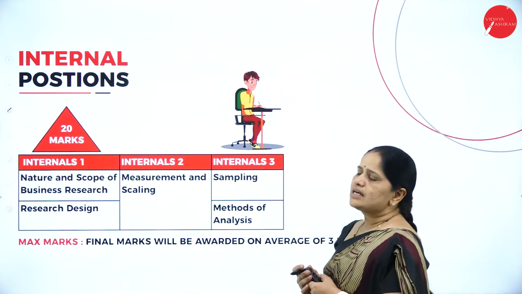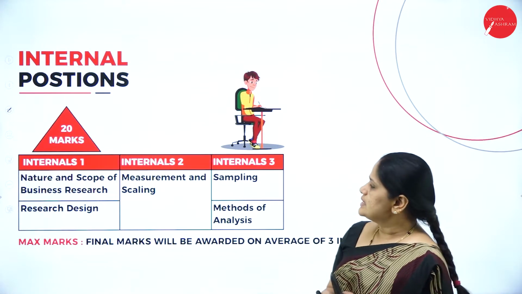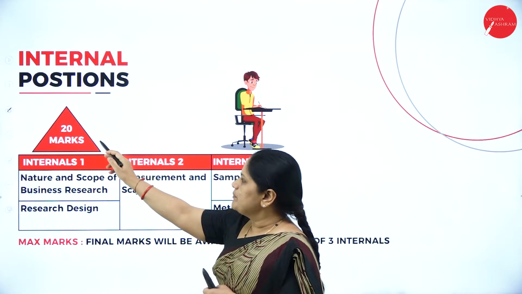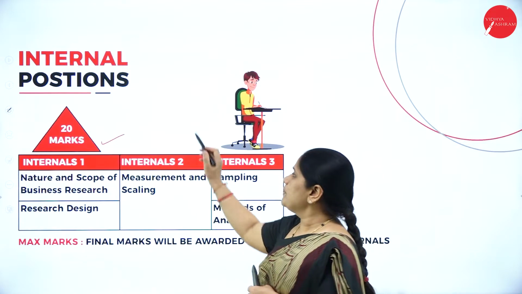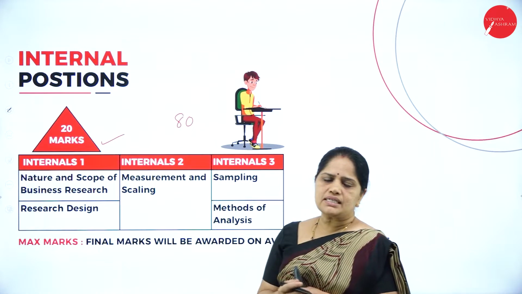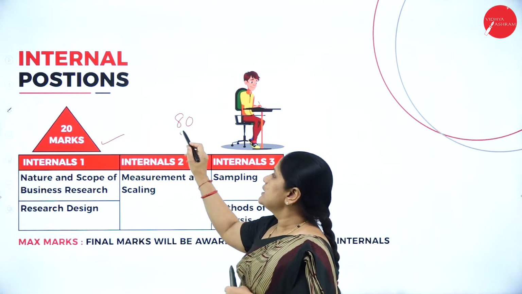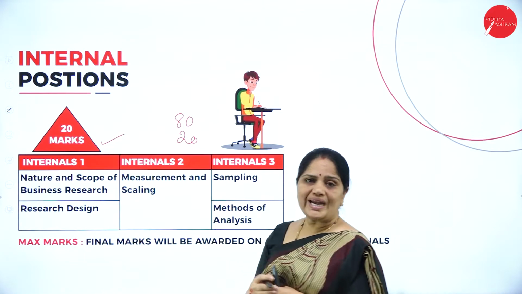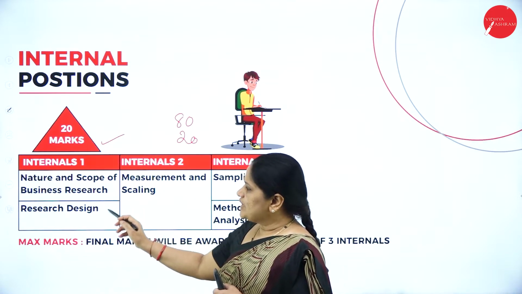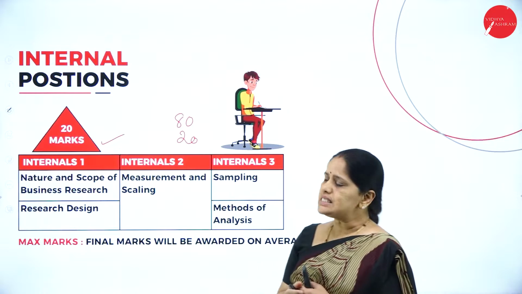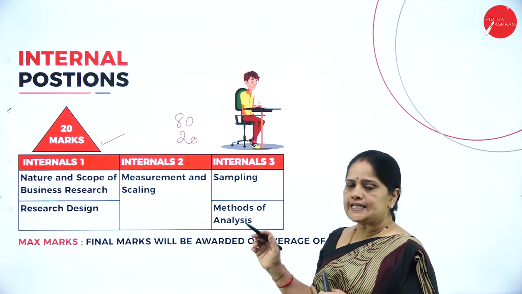Now, next, in this college, we have 3 internal tests. In the first internals, it will be usually conducted for 20 marks. The entire paper is for 80 marks. That is, for external, you will be writing for 80 marks, and for internals, it will be for 20 marks. In internal 1, we have the first 2 chapters, that is, nature and scope of business research and research design.